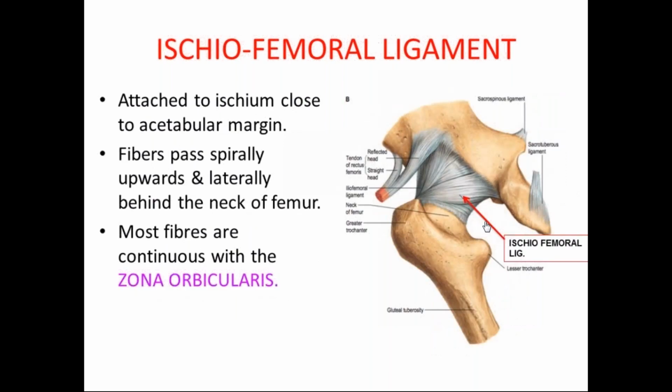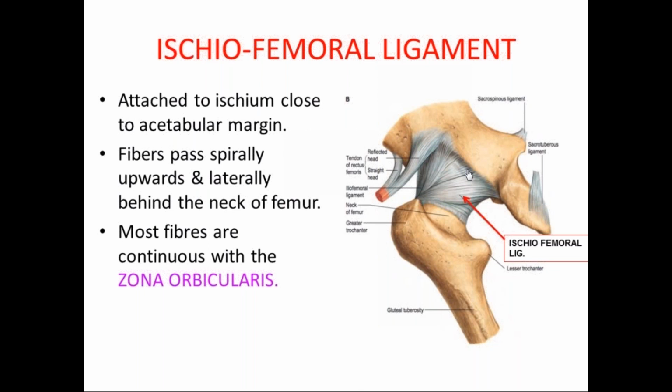The ischiofemoral ligament is covering the hip joint posteriorly. It is attached to the ischium close to the acetabular margin. Its fibers pass spirally upwards and laterally behind the neck of femur and become continuous with the zona orbicularis, which are the inner circular fibers of the capsule.